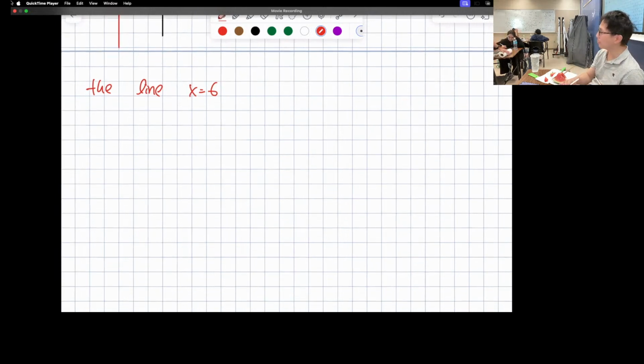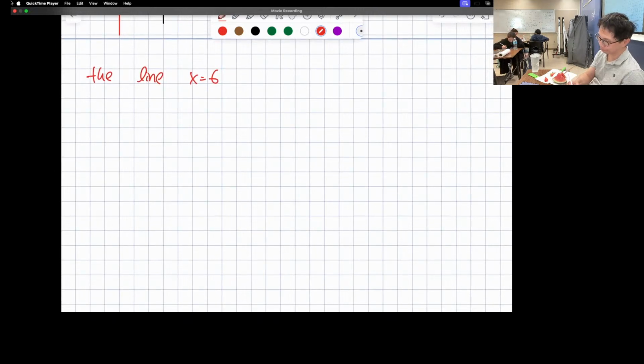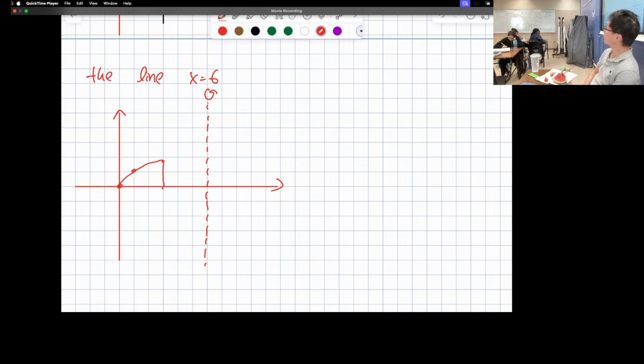All right, so did you guys draw it out? So 6 is right here, right? This is the axis of rotation. Did you draw that axis of rotation?